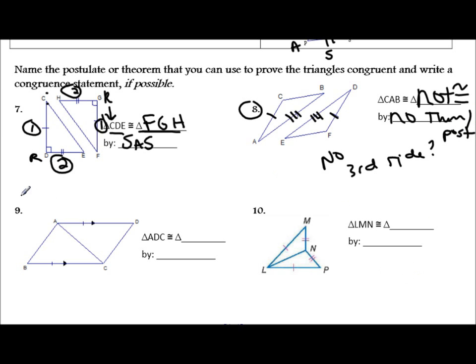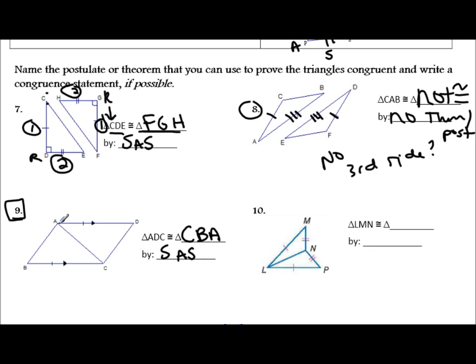Okay, number 9, I want you to try on your own by marking the picture with your shared sides and your parallel line angles, and then see if it follows either the side angle side or side side side postulate. You should have CBA in that exact order and side angle side.